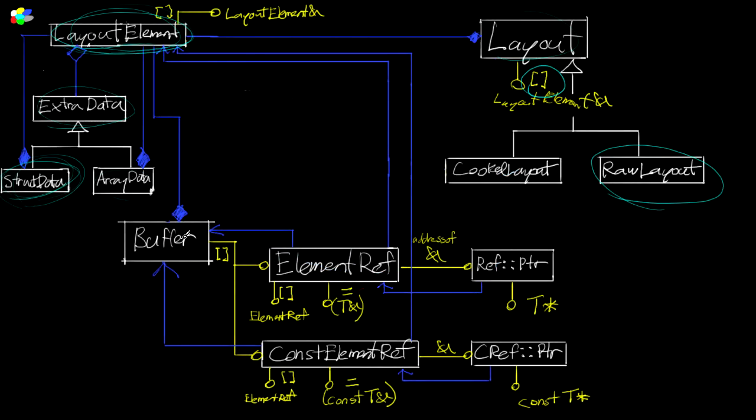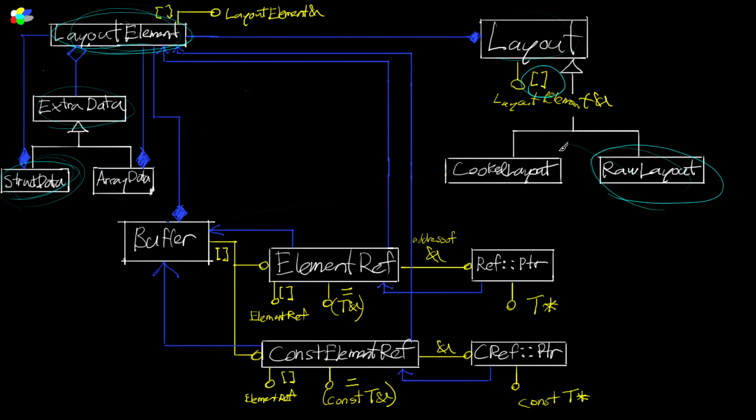Then when you want to create a buffer, you're going to pass the raw layout to the buffer. The buffer is going to cook the layout. That's important, by the way, because when you build up this structure, the offsets aren't fixed because it's still changeable. You could still add members in between and stuff like that. So what happens is you build up this raw layout. It determines the tree structure, but the offsets aren't determined until you cook the raw layout.